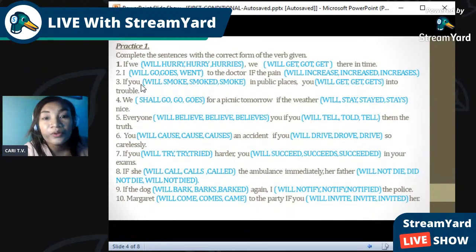If you, so remember, this is the if clause, so you will not use will. Instead, you answer smoke. If you smoke in the public places, you, and then let's use the future, will get. Remember, the modal will plus the base form of the verb get.